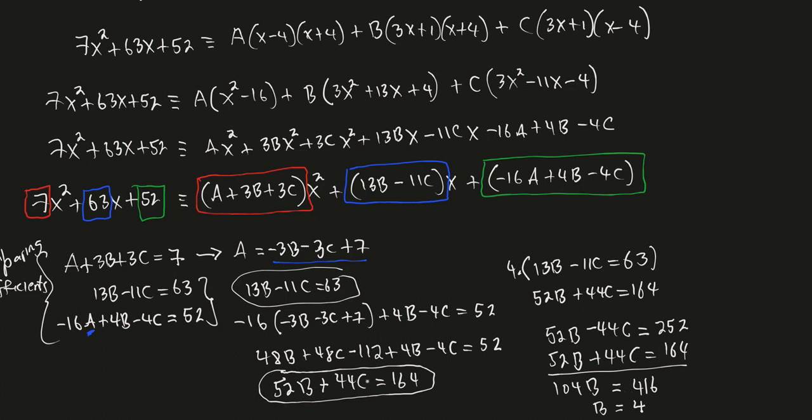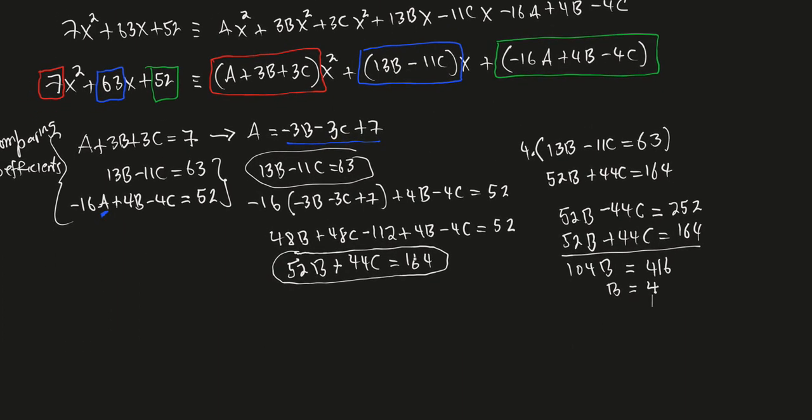Then I can plug it back in anywhere to find my c. So let's say I go back to this equation. So when b is equal to 4, plug 4 in there, I have 208.